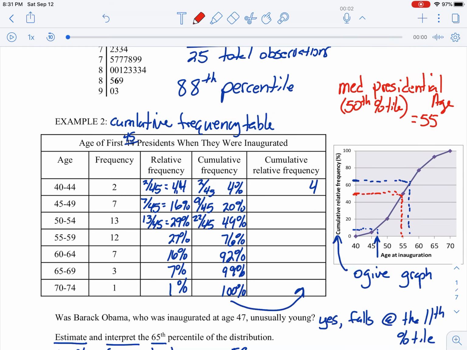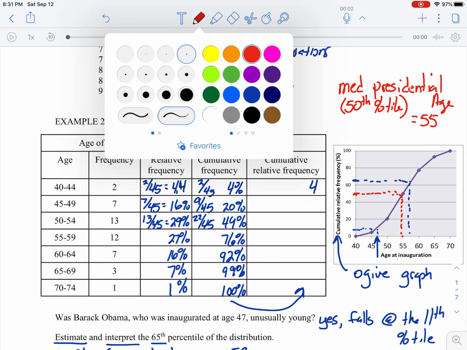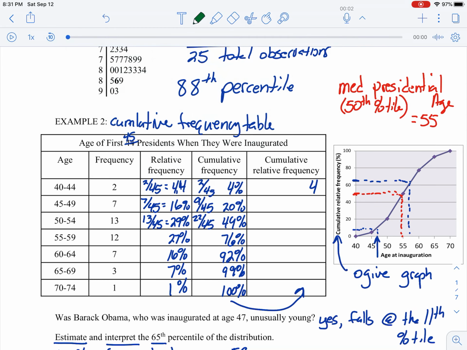Okay? Another thing that we might have to be able to do, we'll make that a different color yet. Green. We might be asked to find the interquartile range of our presidential ages. So how do we find the interquartile range? Well, that's quartile 3 minus quartile 1. So where am I going to find quartile 3 on an ogive graph?